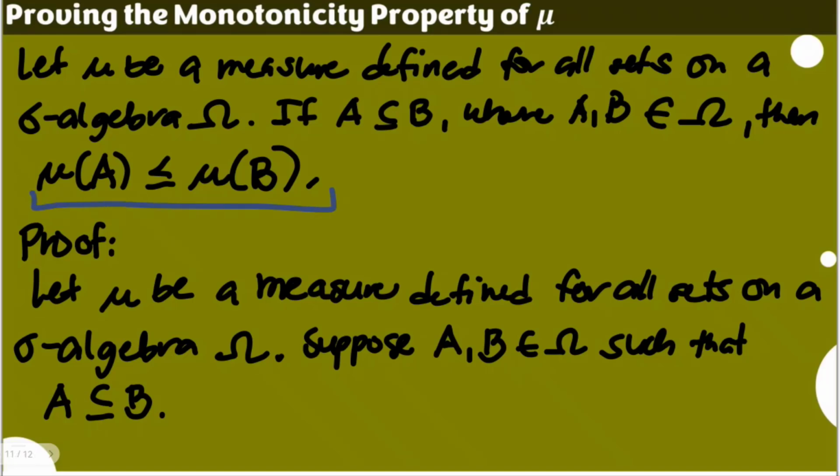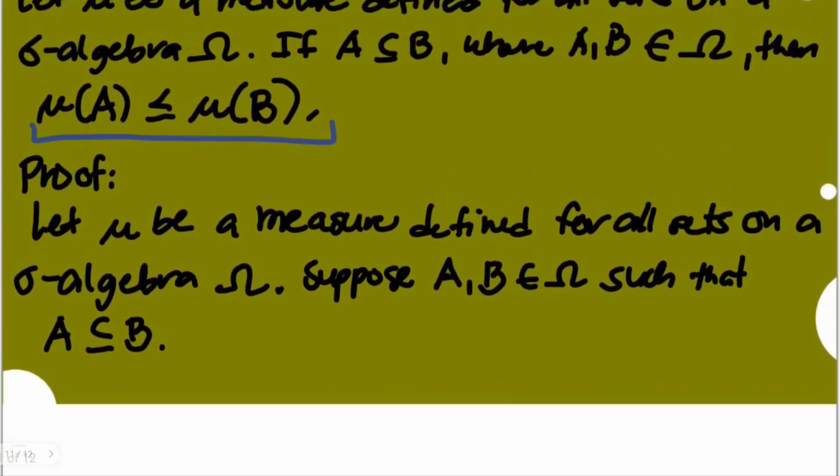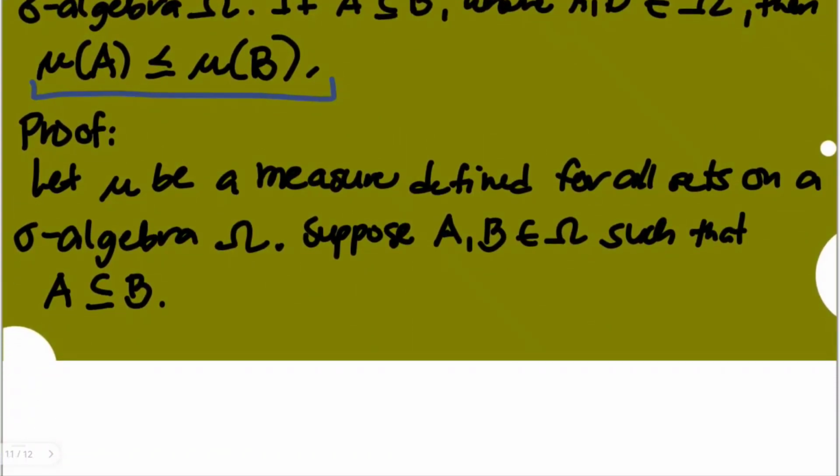And take note that we don't know how the mu is defined. It's not necessarily a counting measure, not a Dirac measure, because it depends on what type of measure it would be. Now, how do we prove this using a general perspective?